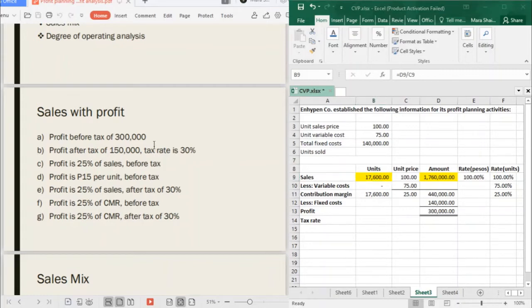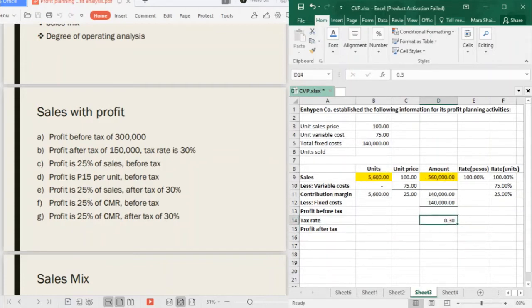Profit after tax of 150, tax rate is 30%. Now, we have a tax rate of 30%. And profit after tax of 150. Let's just add additional profit.